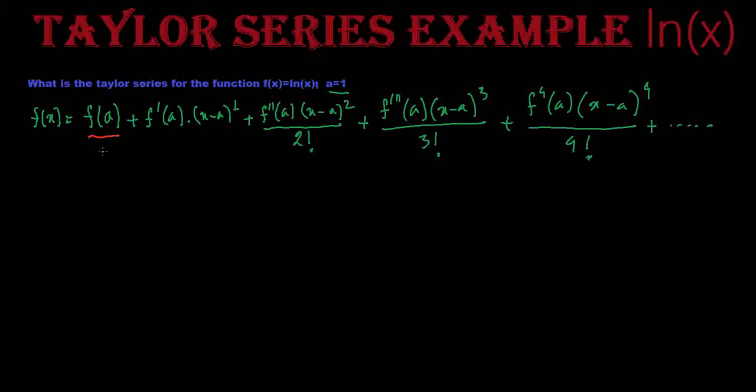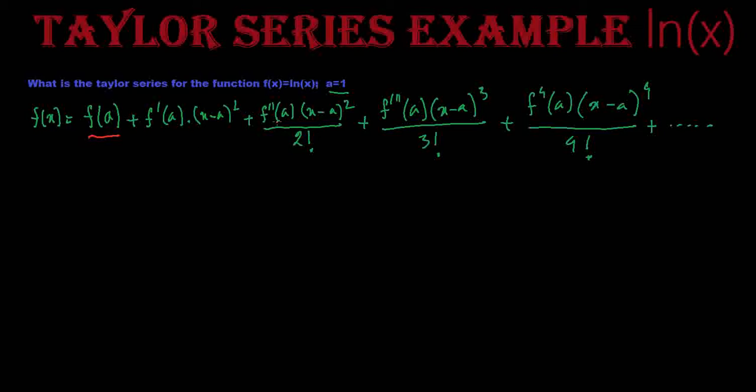And it is being divided by 0 factorial. And in the second term we can say f of x is differentiated once, the power of x minus a is 1, and it is being divided by 1 factorial.